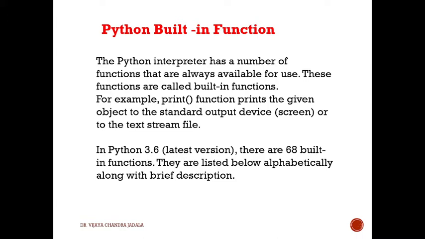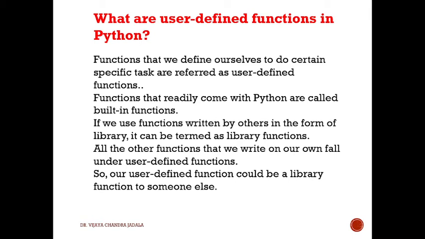Next comes the user-defined function. That means the user is going to define that particular function. The functions that we define ourselves to do certain specific tasks are referred to as user-defined functions. Functions that readily come with Python are called built-in functions.